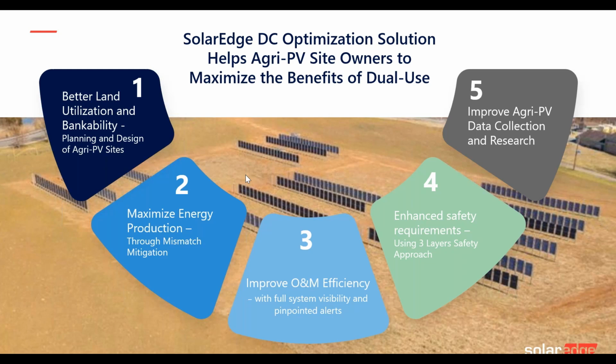Safety is very important, so this optimization and our solution really maximize safety in these sites, and also to allow collection of data and research tools for the growth and success of the Agri PV market.